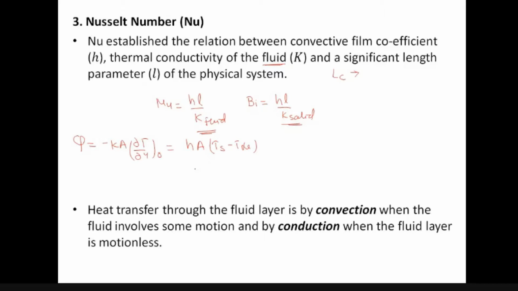So suppose I make h the subject, then it becomes h equals minus k, my A cancels out, so minus k dT/dy at y equals 0 divided by Ts minus T infinity. And if you have hL by k, then it becomes minus dT/dy at y equals 0 divided by Ts minus T infinity, into L.